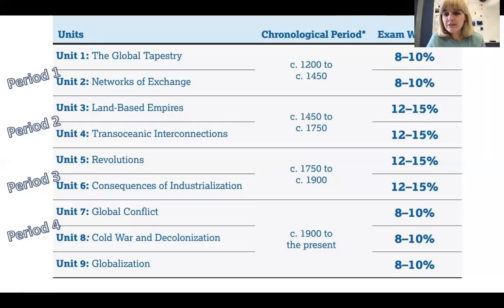So for example, if you guys get a DBQ on industrialization, you still need to be able to talk about unit 1 and unit 2 in your context. All right, so if your question's about Europe during period 3, what's going on in Europe in period 1? So everything we talk about is important. And I know y'all give me a hard time for saying that everything is important, but it is. So make sure you are familiar with everything that we talk about, okay?